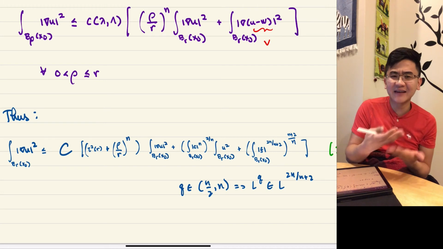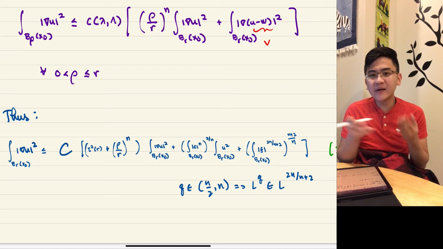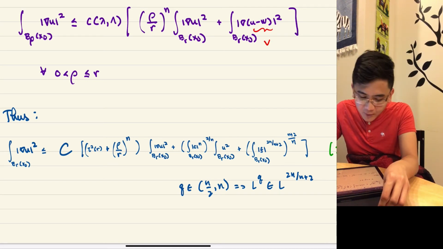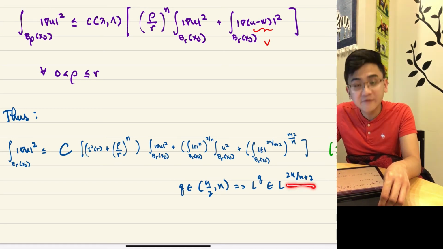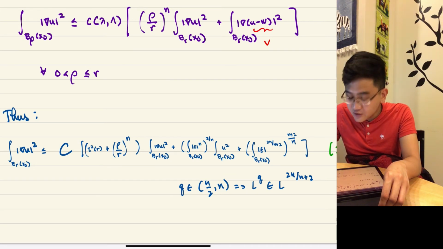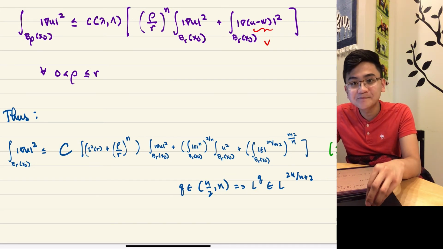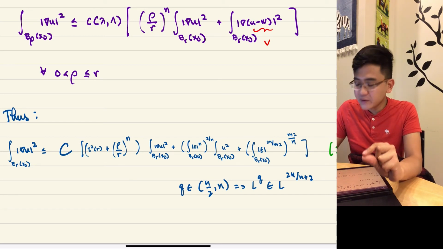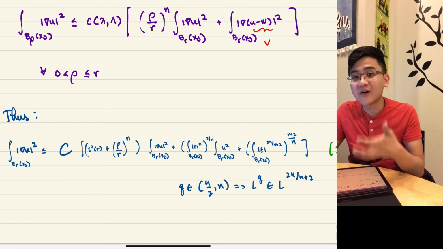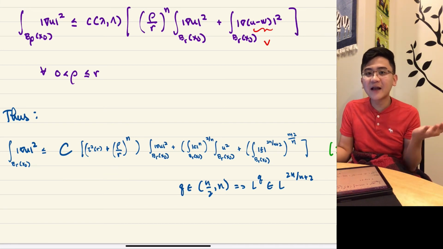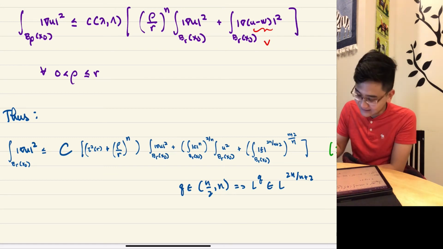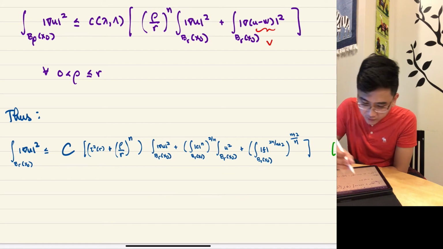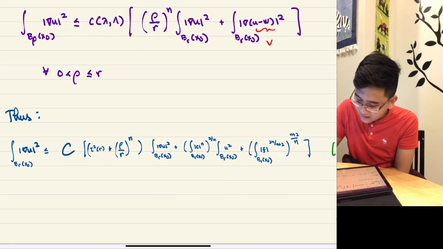So this is another thing in analysis. We are requiring something stronger for F. It not being in the minimum space, which is L of 2n over n plus 2. We're requiring it to be in L2, which is something stronger. But because of that price that we pay, we would be able to make that power of R appear. Okay, so another common thing in analysis. Okay, so let's go on working with that.